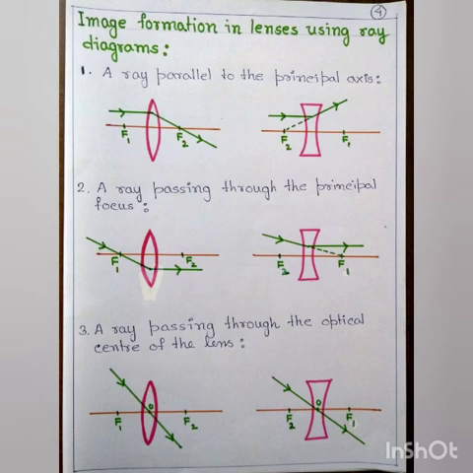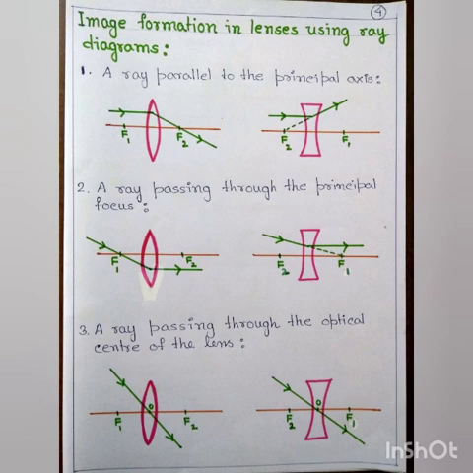Now consider the convex lens. If any incident ray is parallel to the principal axis, after refraction it will travel through the second principal focus. Clear? And for the concave lens, if the rays are parallel to the principal axis, they will diverge and appear to come from the second principal focus.